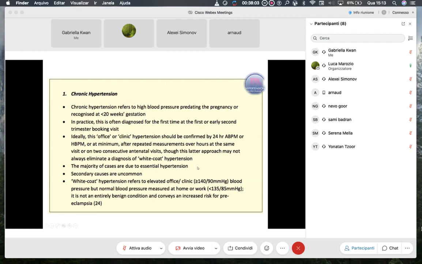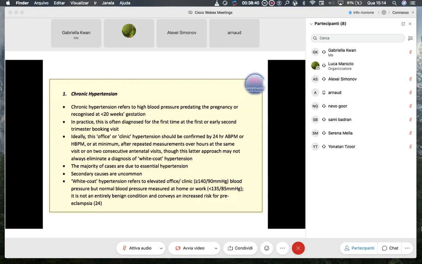Well, the cutoff of 140 and 90 millimeters of mercury is the cutoff we use for office or hospital measurement. But when measured at home, even values of 135 and 85 may be considered suspected for hypertension.